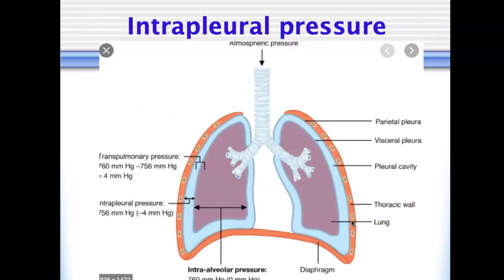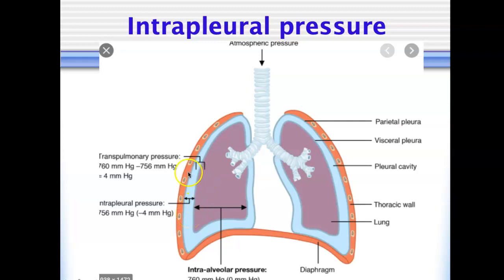So let's look at some diagrams. If you had a lung like this, you would have a visceral pleura and a parietal pleura. And that space there is the intrapleural pressure.